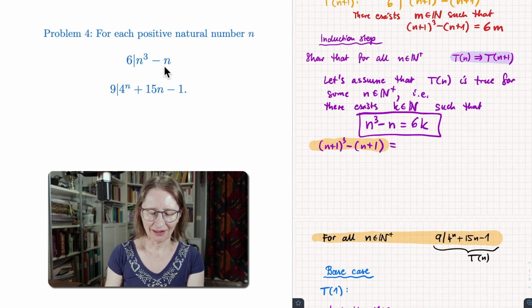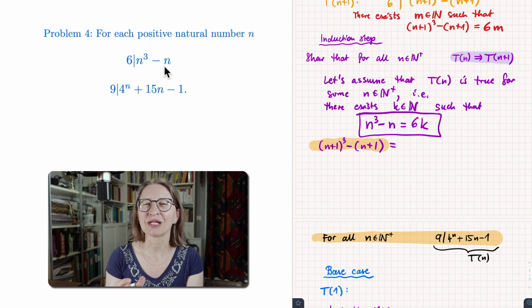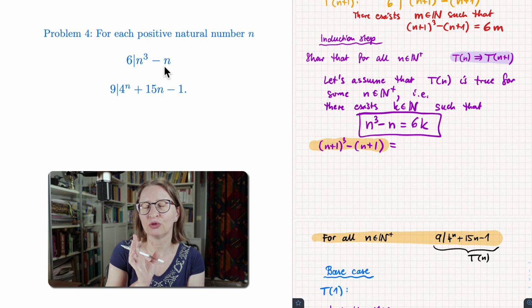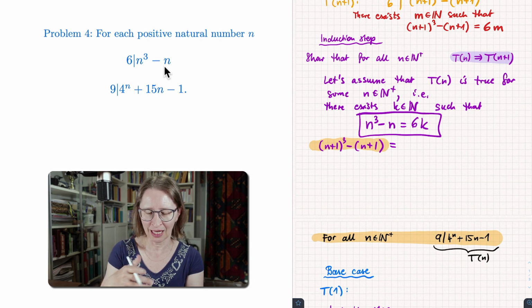And here we have (n+1)^3, and you know that you can either perform two parenthesis multiplications like (n+1) times (n+1) times (n+1), and you will get the result. But you can also work with Pascal's triangle in order to get the binomial coefficients for (n+1)^3.